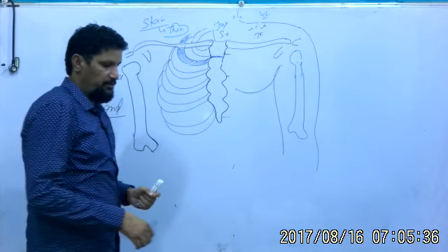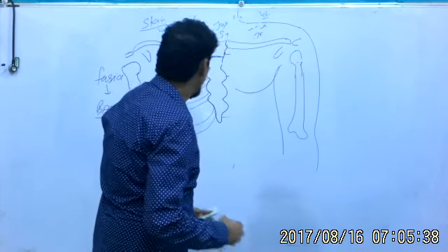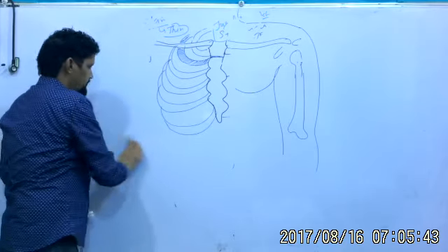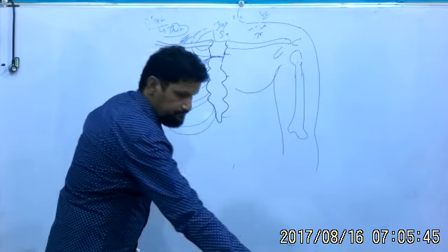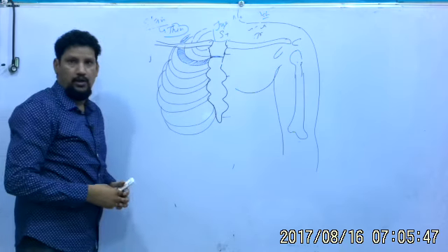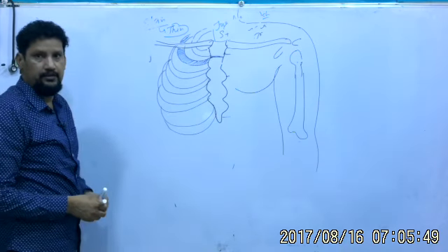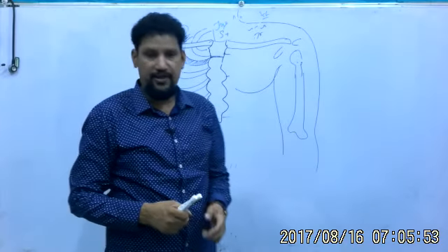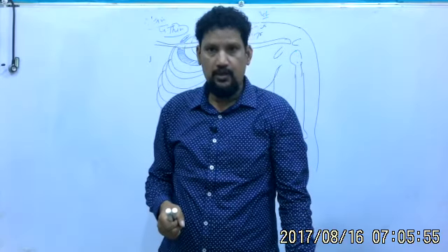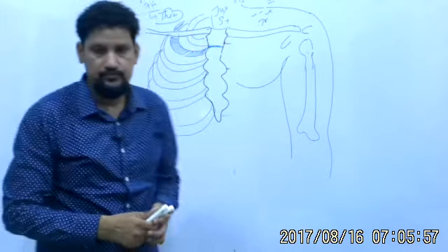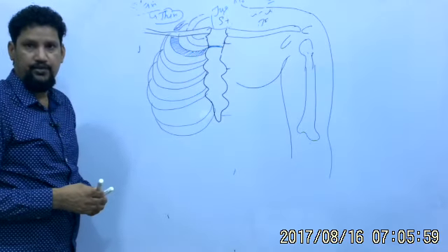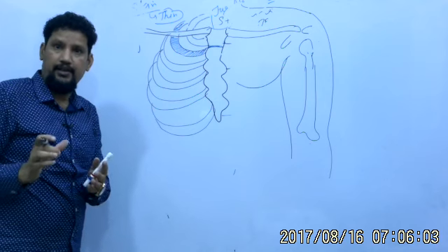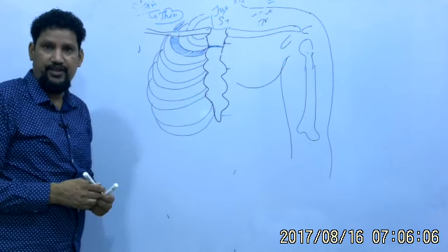It is having some important structures like the nerves, the arteries, the veins, and some modified glands, especially in females.